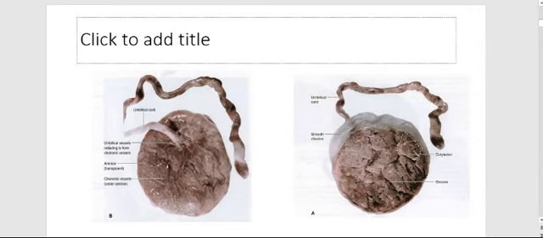So it's very smooth, covered with amnion, with the umbilical cord attached at the center. These are the maternal surface and the fetal surface.